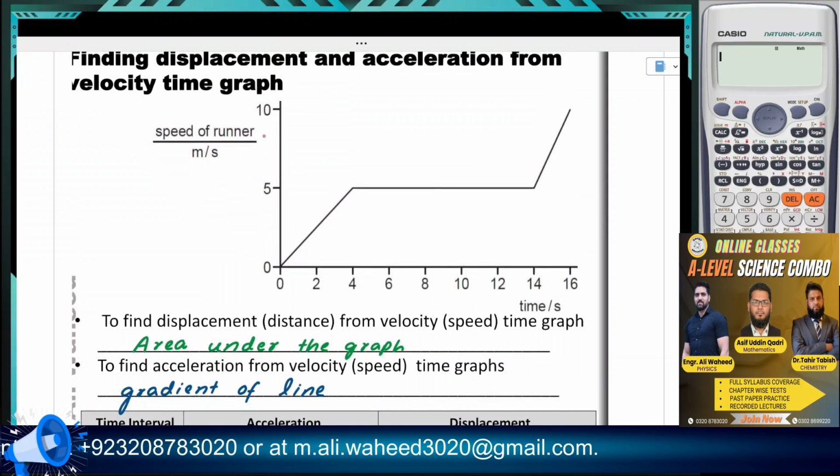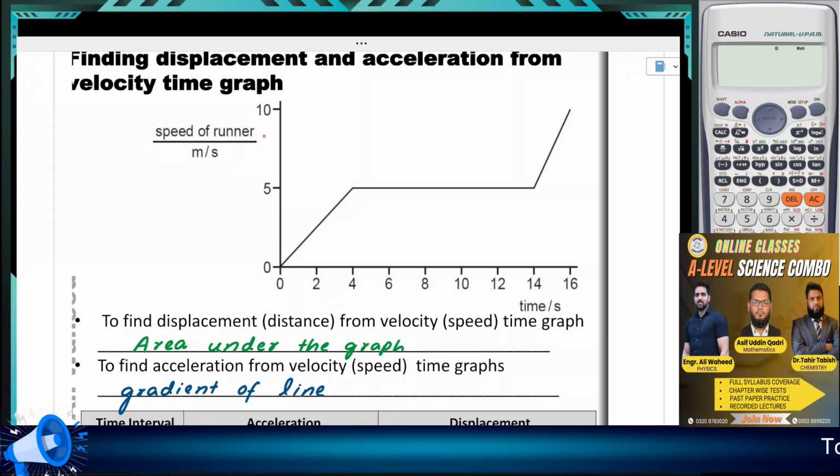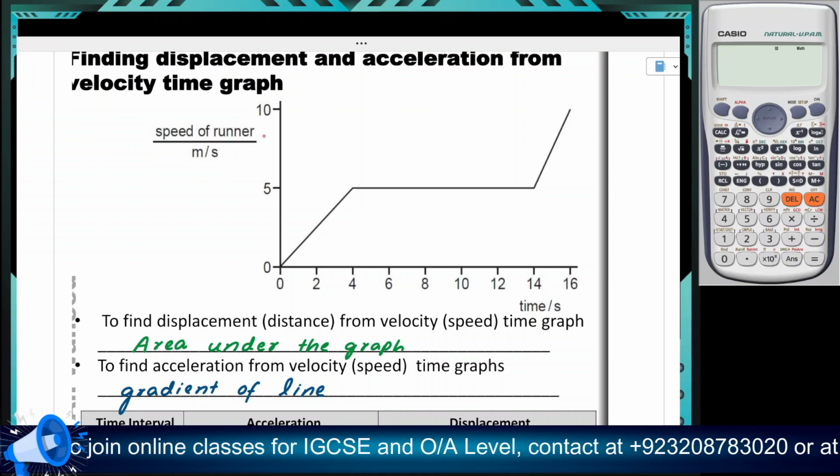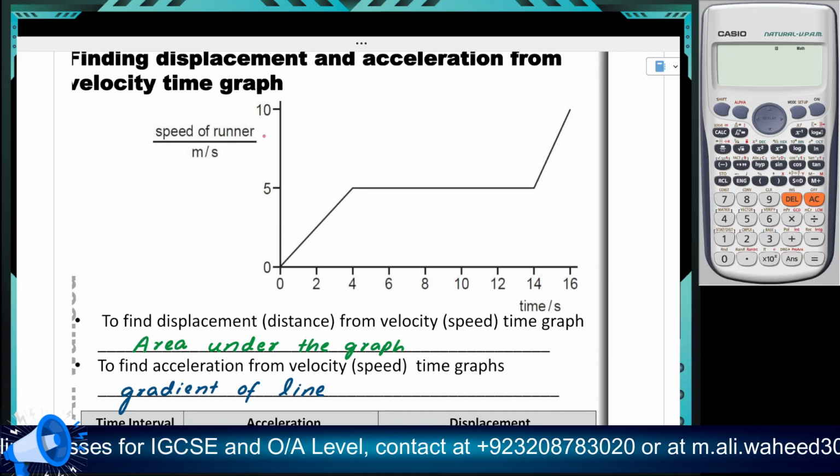So take a look at the graph that we have, speed time graph. In the first 4 seconds, there is uniform acceleration. Then from 4 to 14 seconds, there is no acceleration. Then from 14 to 16 seconds, there is again uniform acceleration.